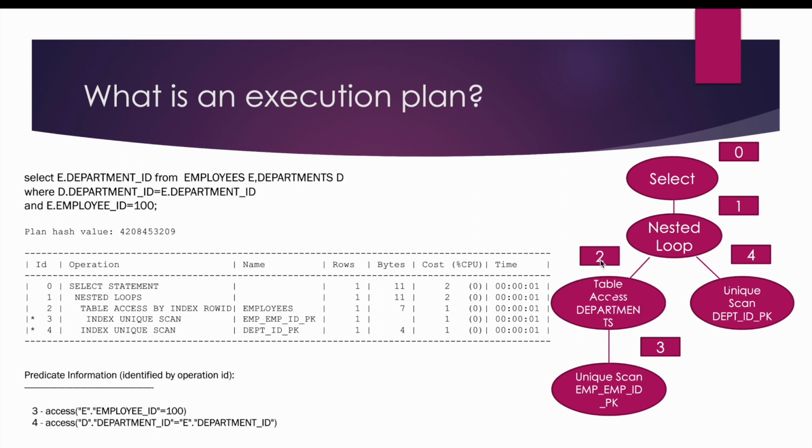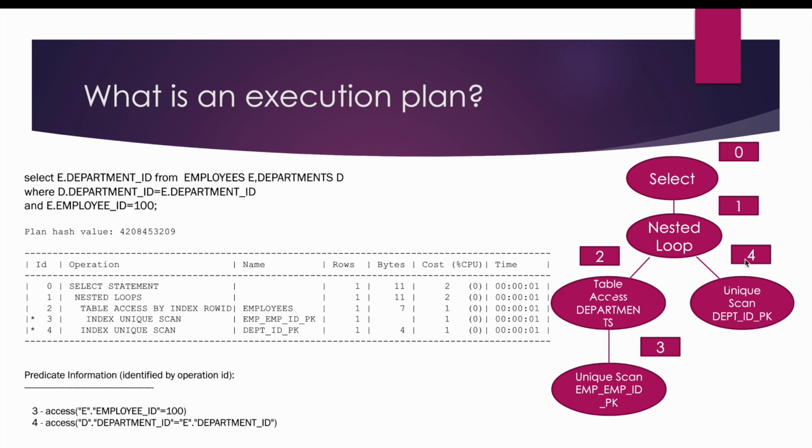Now once 2 is executed, operation number 1 should execute, but in order to execute 1, its child, that is operation number 4, should execute. So after 2, operation number 4 will execute, and operation number 4 is nothing but index unique scan on department_ID_pk, and the access predicate for operation number 4 is the join operation, that is d.department_ID equal to e.department_ID.